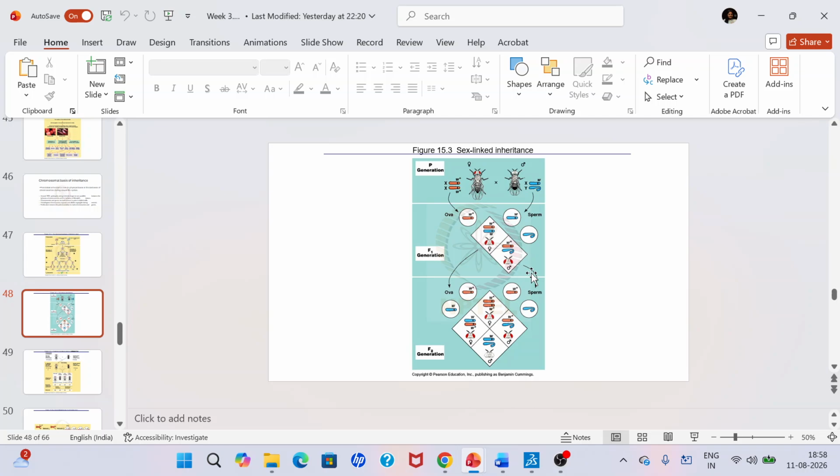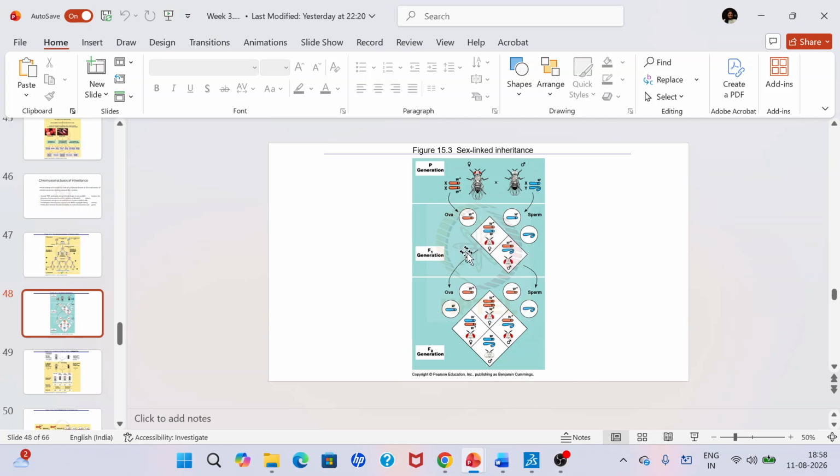Obviously dosage compensation is a different scenario, but in sex linked inheritance, males will have a single X and females will have two X's. So depending upon that, the inheritance of characters is seen in Drosophila, or in all those organisms in which X-linked inheritance happens and a difference in the sex chromosomes determines whether it will be a male or female. So this kind of inheritance is seen in those cases.